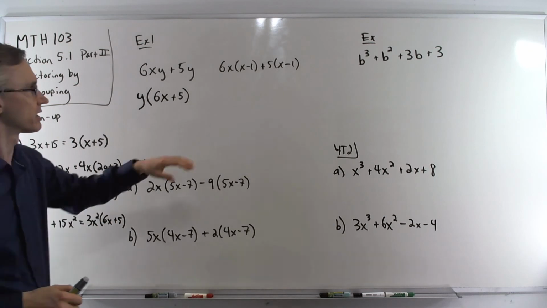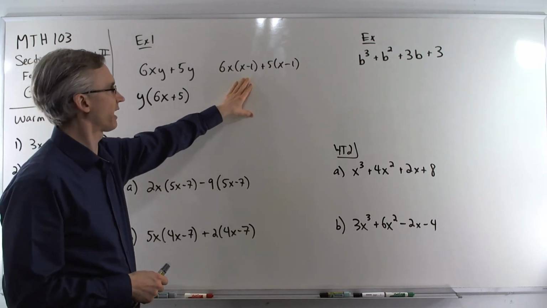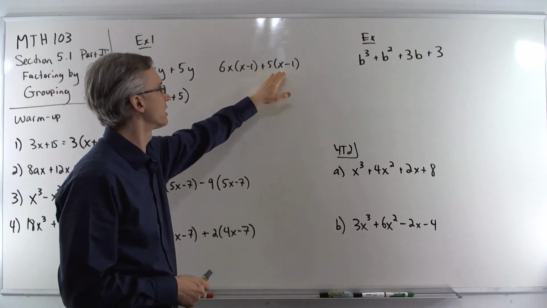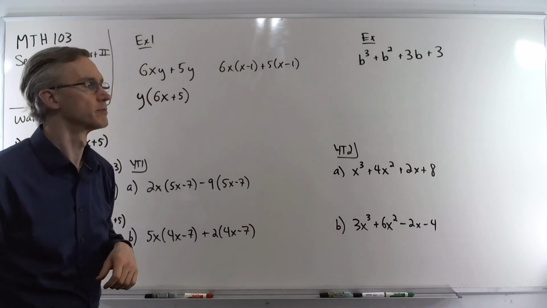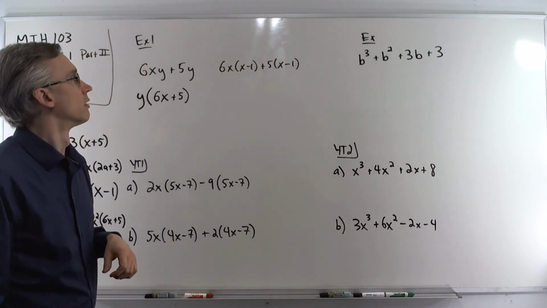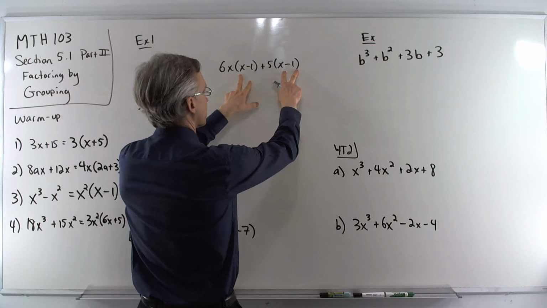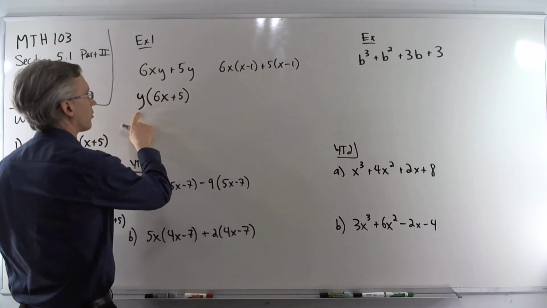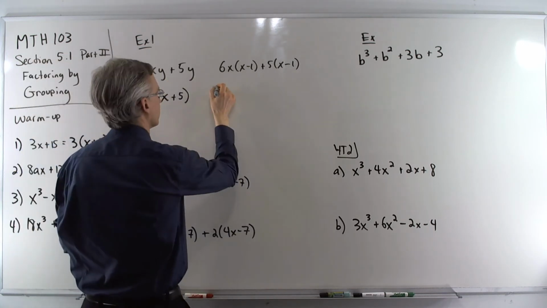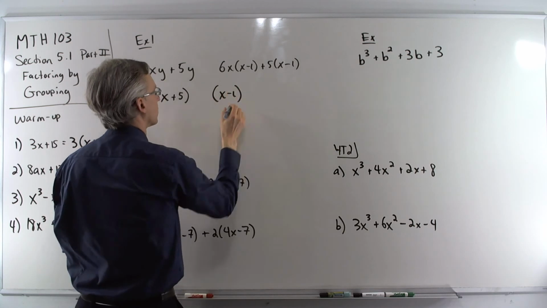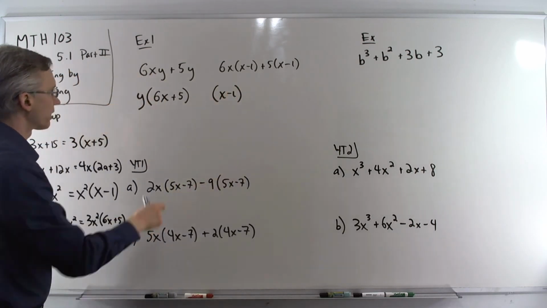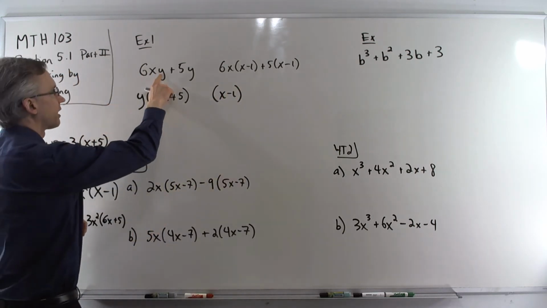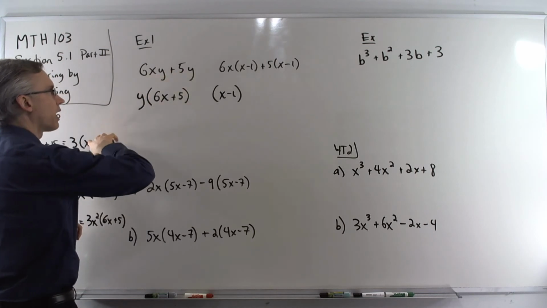Well, now we're going to do the exact same thing over here. We're going to factor out what is in common between these two terms. And what's in common is x minus 1. So just like I factored out y, I'm going to factor out x minus 1. And what we got remaining here is what we had up here after we removed the y.